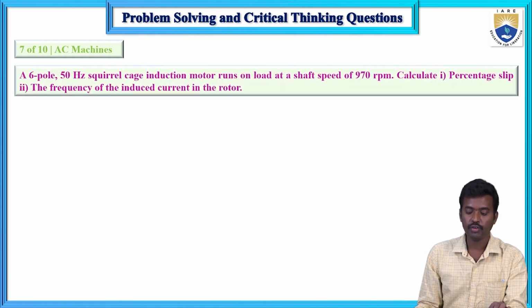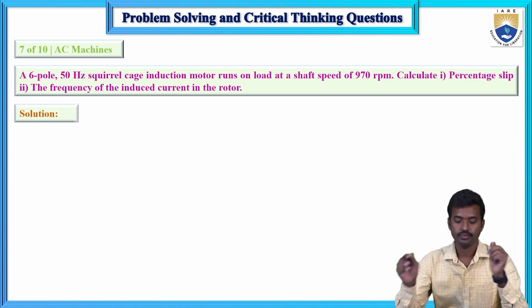A 6-pole 50 Hz squirrel cage induction motor runs on load at a shaft speed of 970 rpm. Calculate the percentage slip and the frequency of the induced current in the rotor.